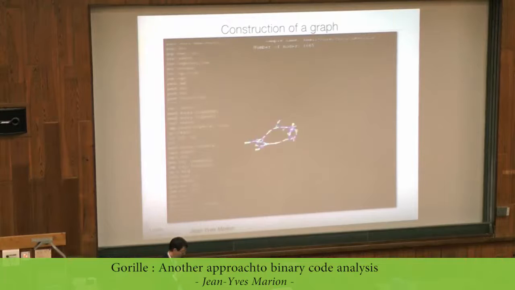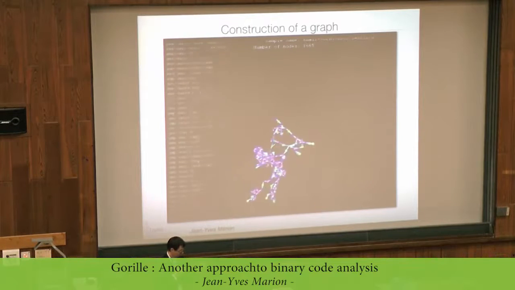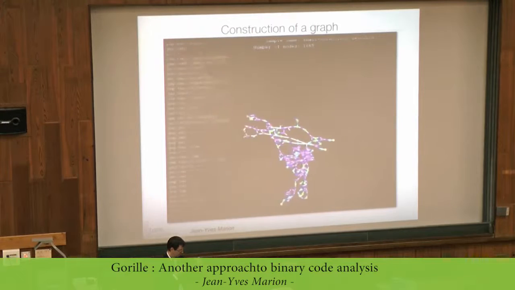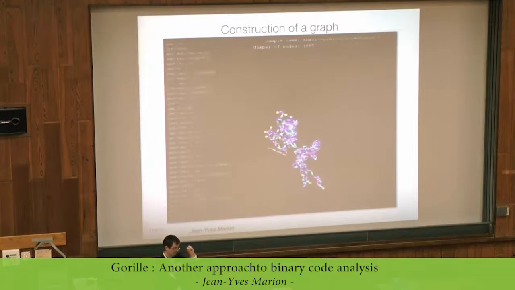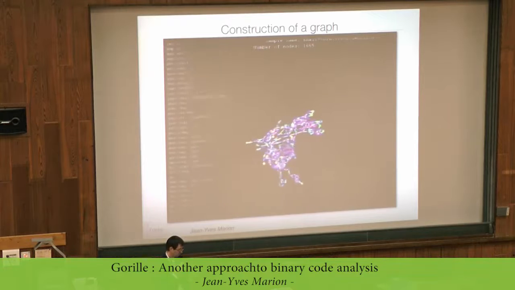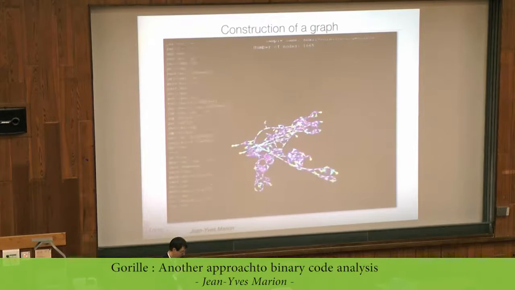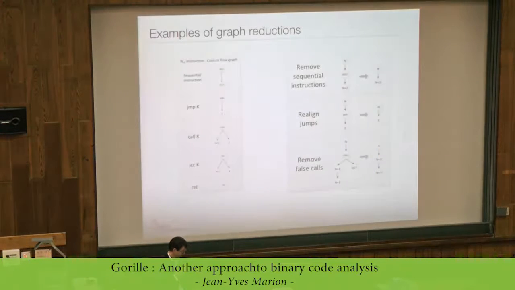So we have a very nice construction with, you can see that at each point the reduction is made, and the color of each node of this graph corresponds to one of the abstractions that you can make in order to have a nice representation of this program. But of course, this is not sufficient. You have to push this idea of abstracting the control flow graph, and we are using some reduction.